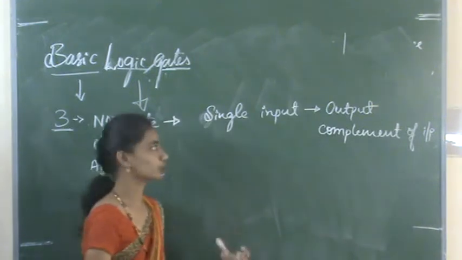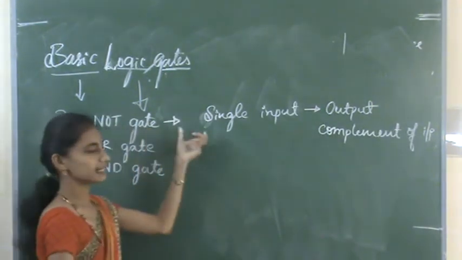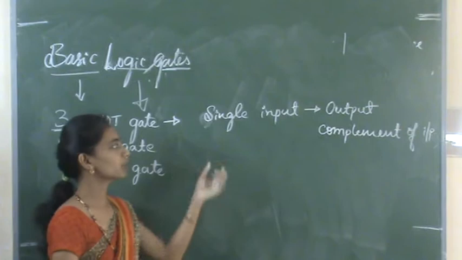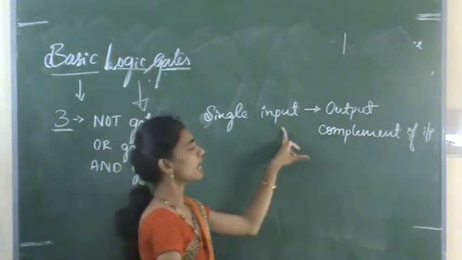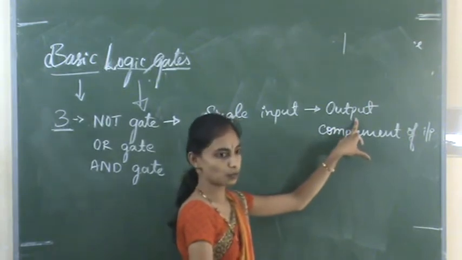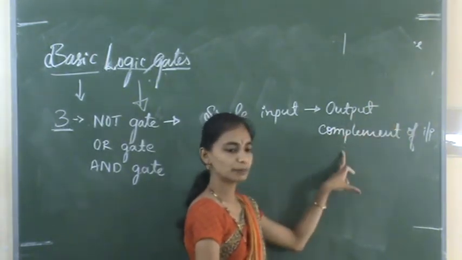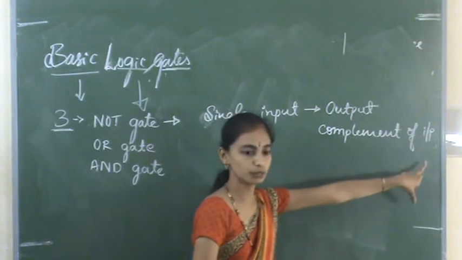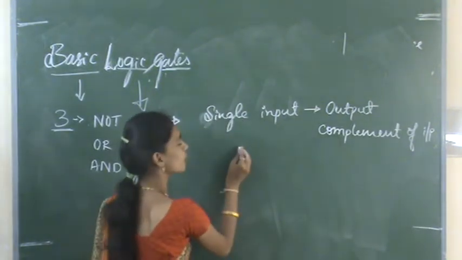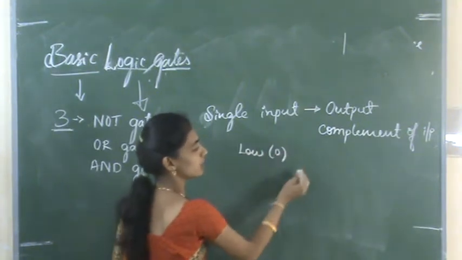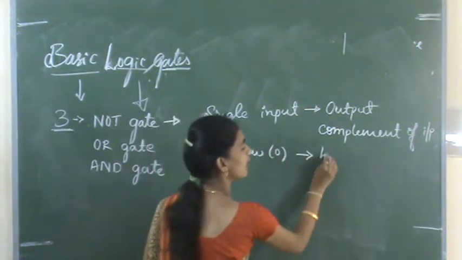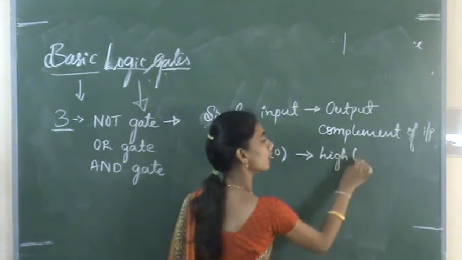Complement of input. So a NOT gate is an electronic circuit which accepts a single input and produces a single output. That output will be the complement of the input. For example, if you provide the input as low or 0, the output will be high or 1.